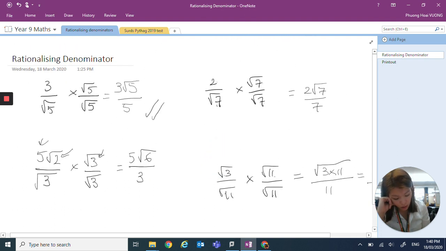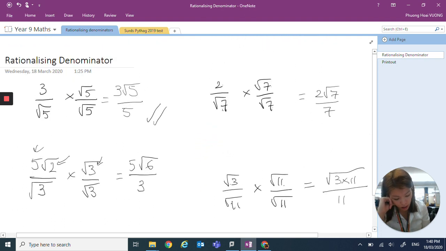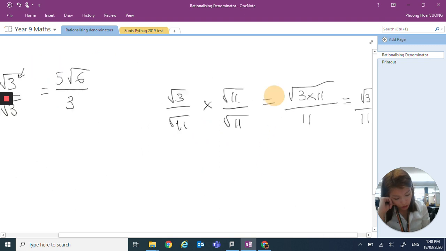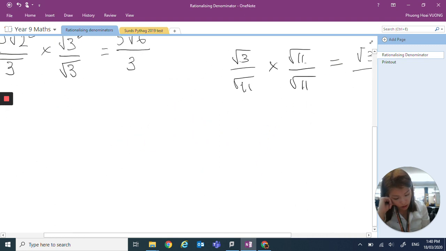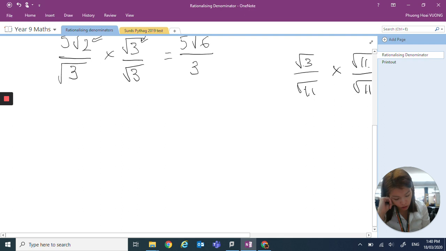Lastly, the only other question you probably see is if you have, let's say, square root of 7 over a number and a square root. You only multiply by the square root part, not the number. So square root of 3 over square root of 3.